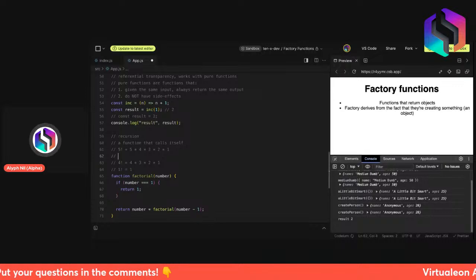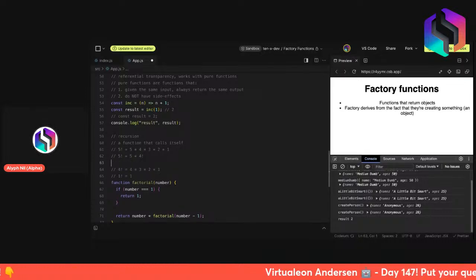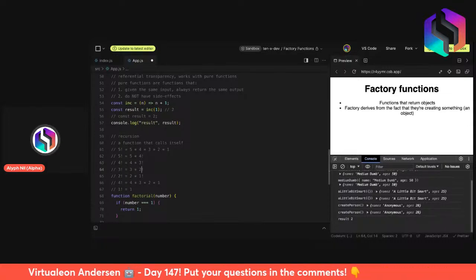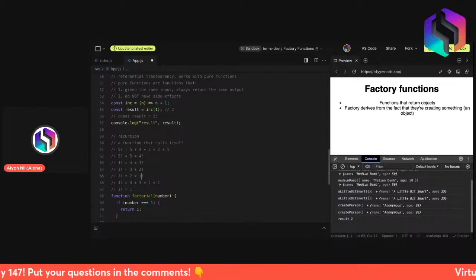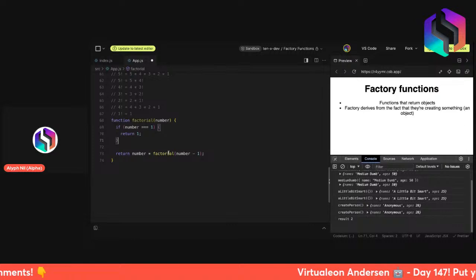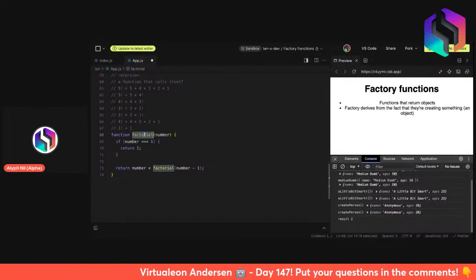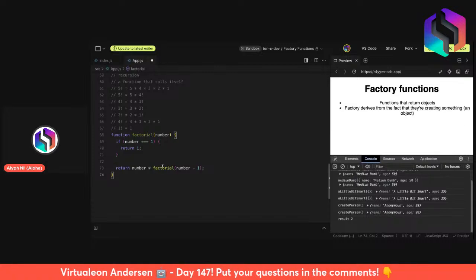Because 5 factorial is the same as 5 times 4 factorial, 4 times 3 factorial, 3 times 2 factorial, and then 2 times 1 factorial, which is just 1. And this is what this function does. And it calls itself. And this principle is called recursion.